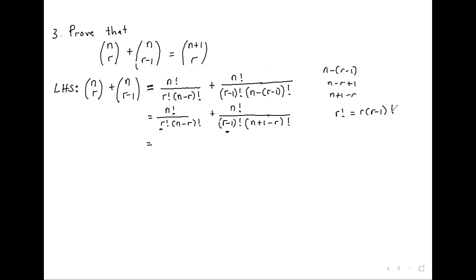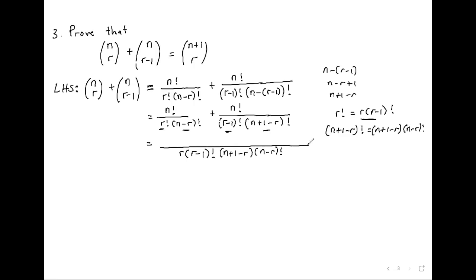So maybe we'll use that form of r factorial, and then we would have answered the question of which one is the common denominator between r factorial and this one. That should mean the same thing between this one and this one, because we can write n plus 1 minus r factorial as n plus 1 minus r multiplied by n minus r factorial. So you can see that we write it in that form. Then we'll see that there's actually nothing much here.